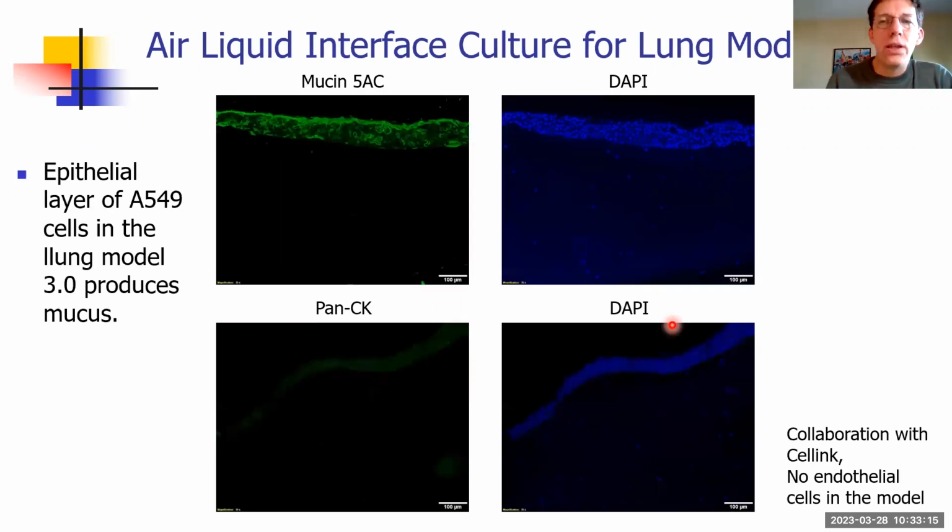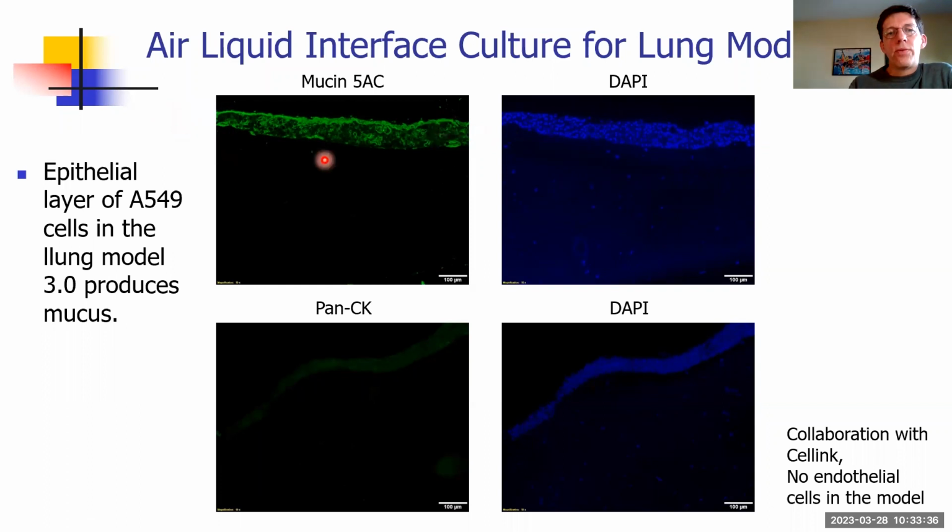So here you see that we have our three-dimensional construct with the top layer of the epithelial cells. Here it's A549 cells. And here on the right, you see the DAPI stain of the nuclei.